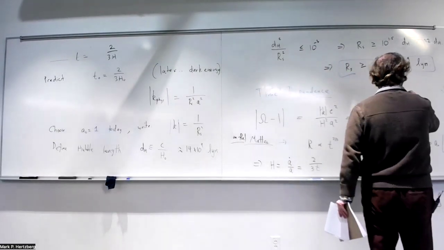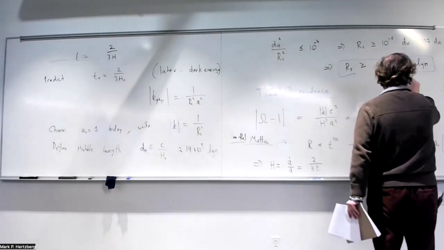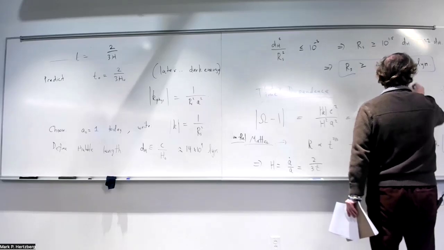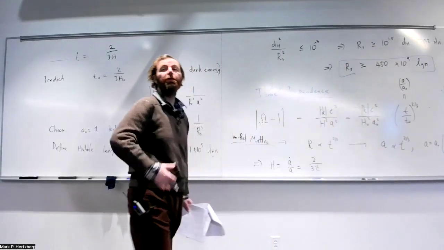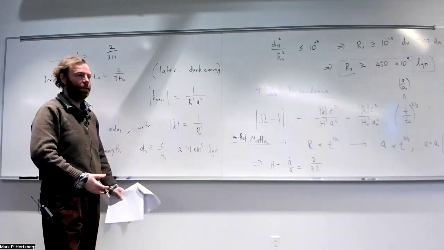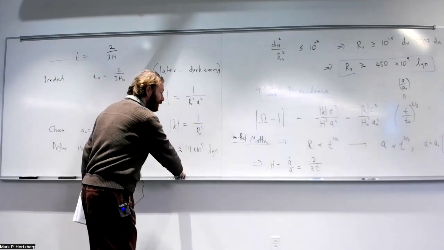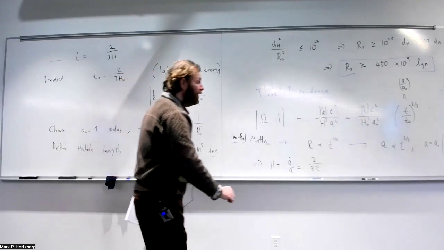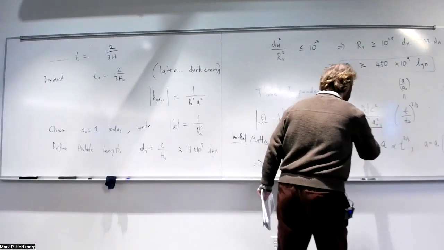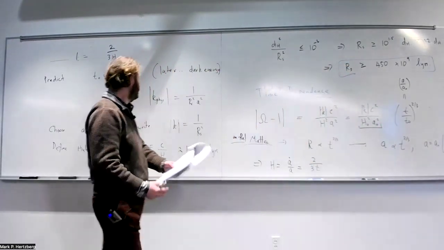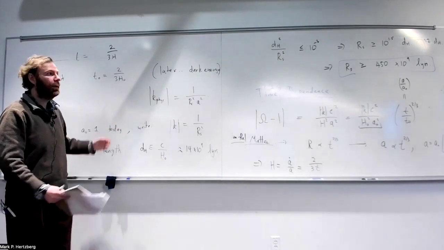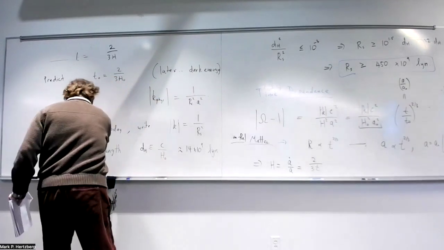You can also write this factor here as nothing more than a over a naught. So it also grows like a, or like t to the 2/3. I do all that because this prefactor, we already bounded it to be less than 10 to the minus 3. That's this fact. So now we can see the bound as a function of time.